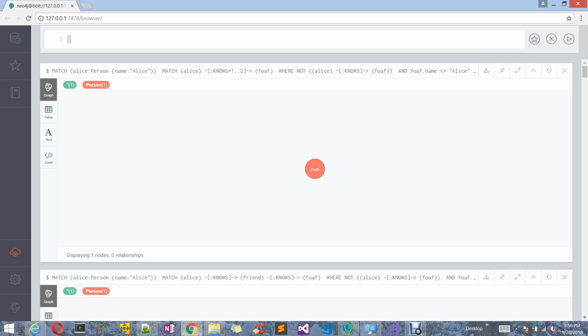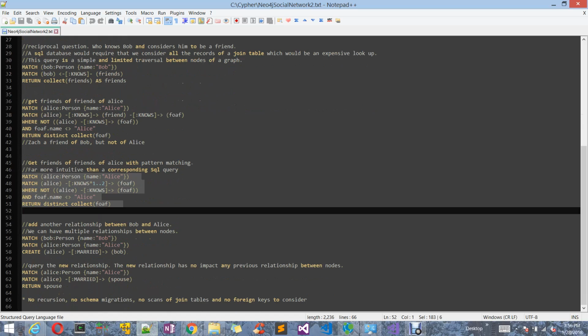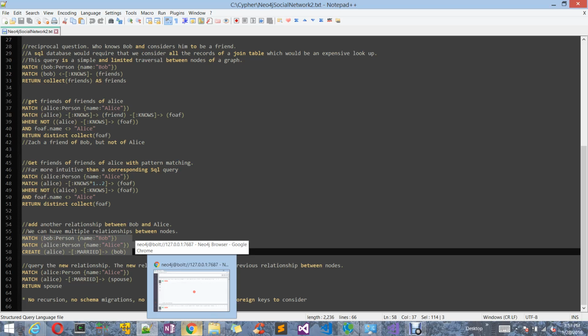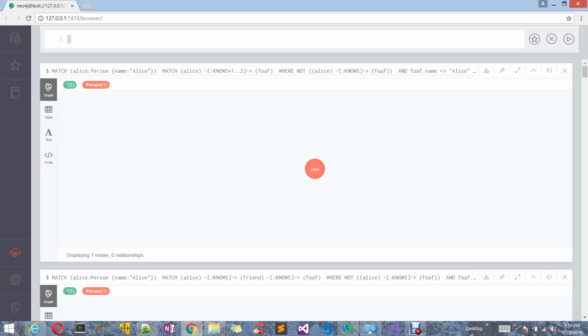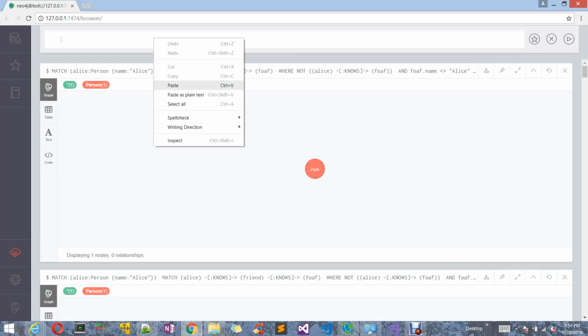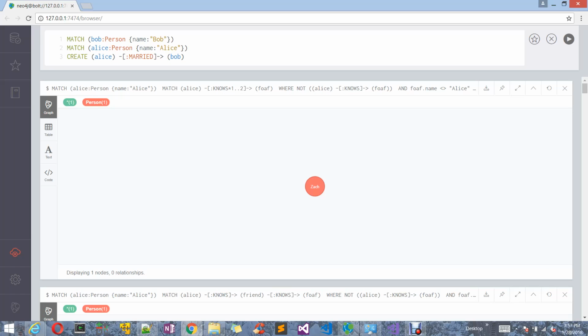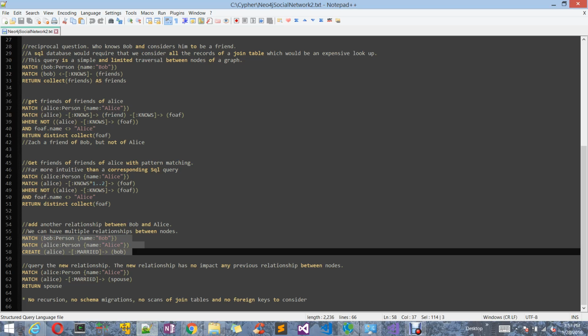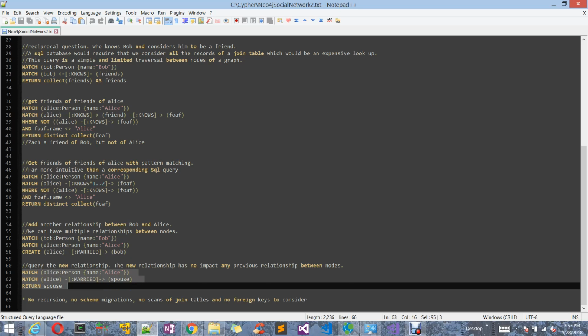There we go. Now let's add another relationship between two data nodes in our graph. Bob and Alice hit it off and they decide to get married, so we add a married relationship between them. Now let's query by that relationship.